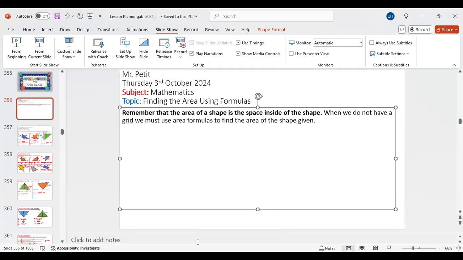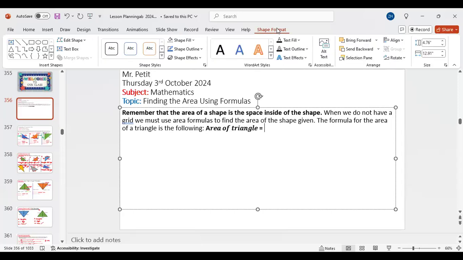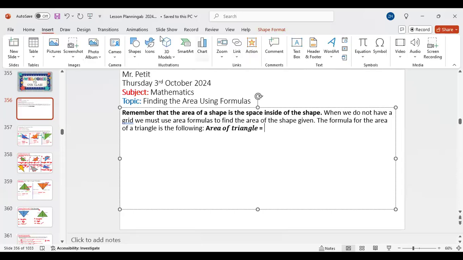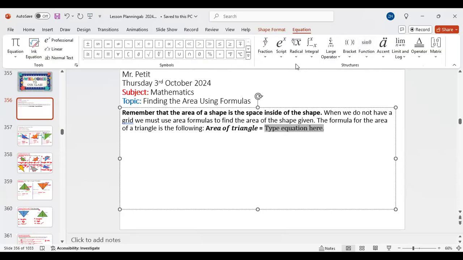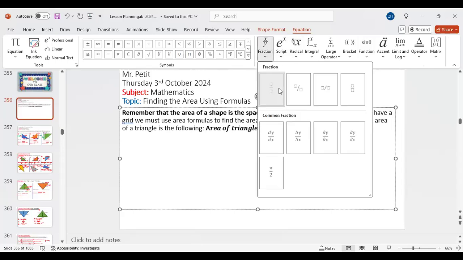And so for the area of a triangle, does anyone know the formula for that? Area of a triangle. For the area of a triangle, the formula is what? Base times height. Say it again. Half of the base times the height. Very good. The formula is base times height divided by 2.